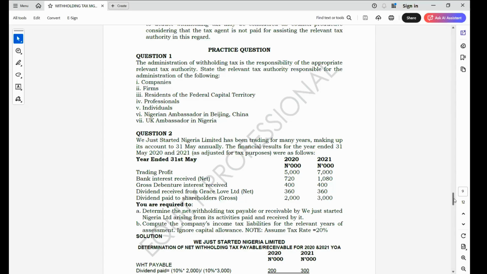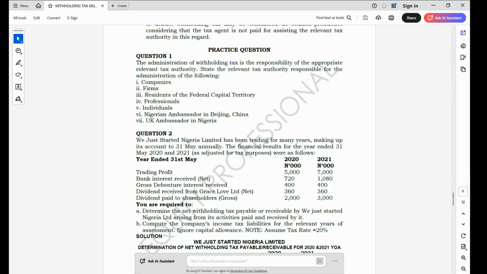We have withholding tax payable and withholding tax claimable or receivable. So this bank interest, what category will it give rise to? Claimable, yes, or receivable. So it's going to give rise to withholding tax claimable or receivable.